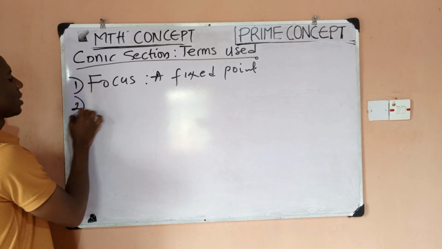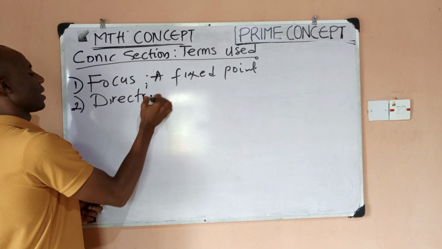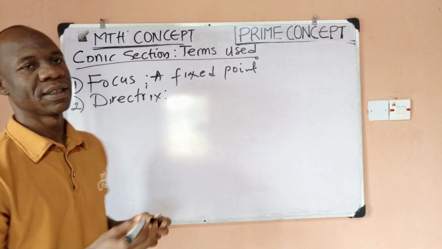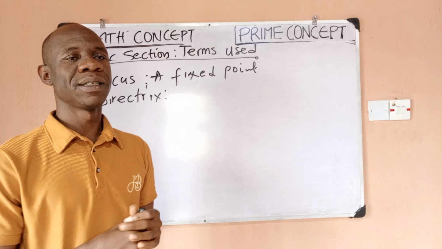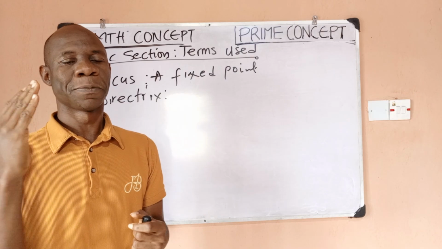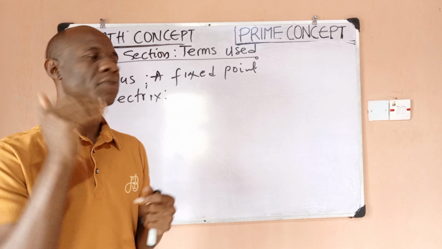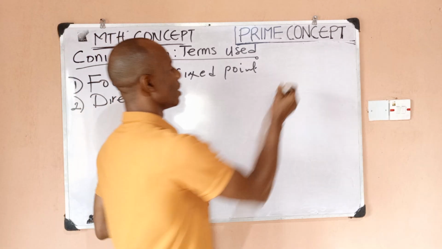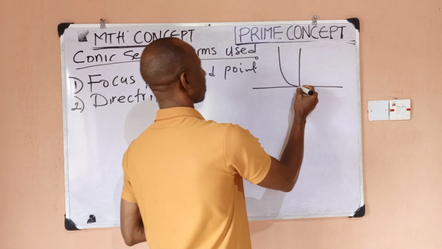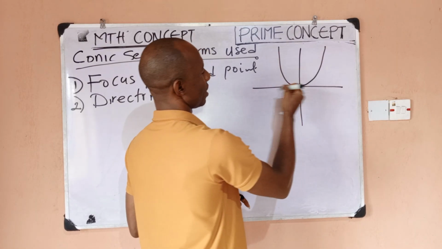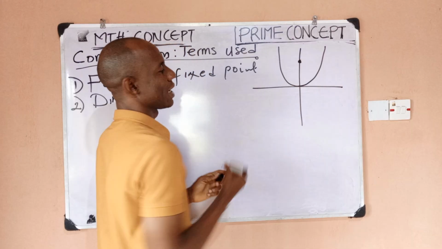And number 2 is the directrix. Directrix or directrices. Now, directrix is actually a line. So the directrix is a straight line that is perpendicular to the major axis or to the axis of the conic. Now, this is what I mean. If I have something like this and say this is a parabola, the focus would be located somewhere inside that parabola.